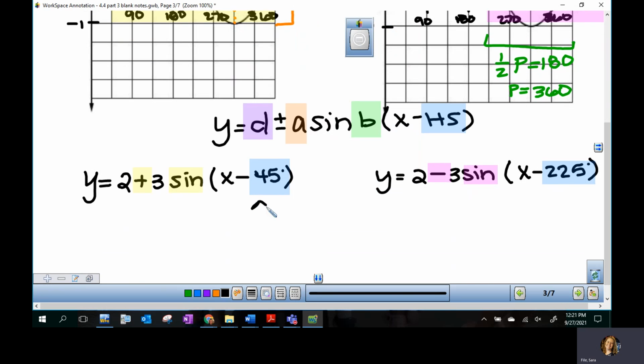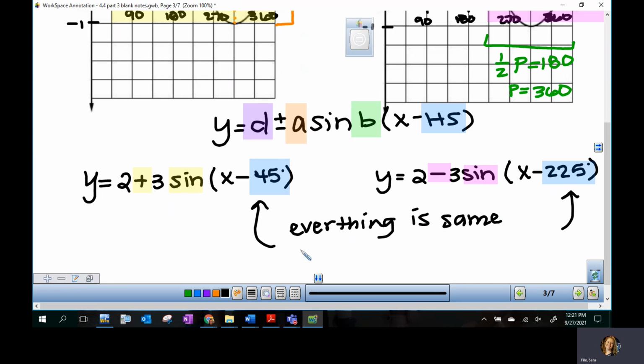So you may want to make a little note of that. Everything is the same except for the horizontal shift. That's the only thing that changed when you changed your plus to a minus. That's the only attribute affected.